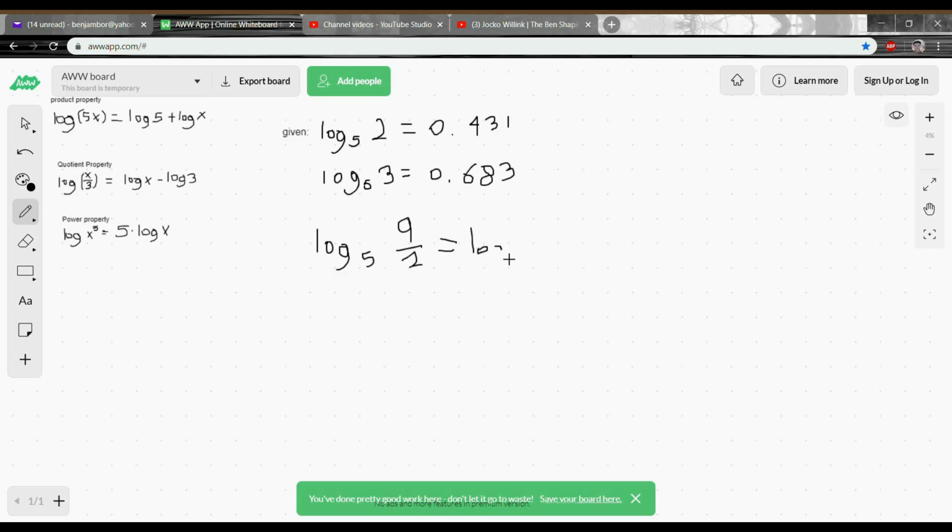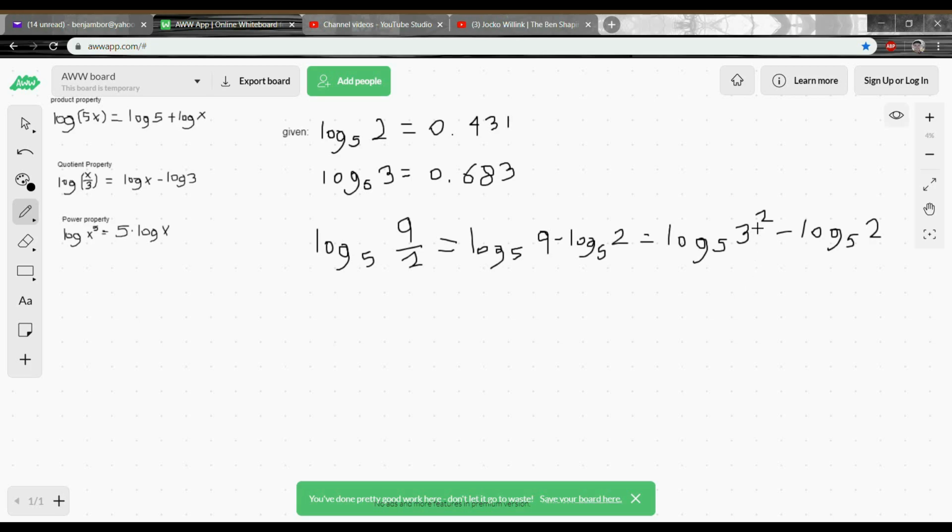That's going to give us the log base 5 of the numerator minus the log base 5 of the denominator. So we have one piece of our problem. Now we have to recognize that 9 is a perfect square. 9 is 3 squared. So we can rewrite this further as the log base 5 of 3 squared minus the log base 5 of 2.